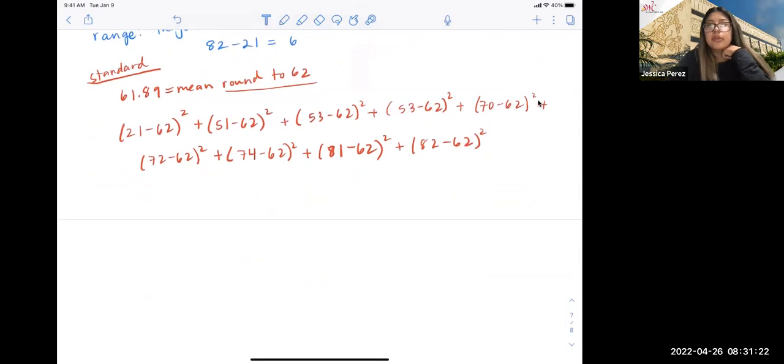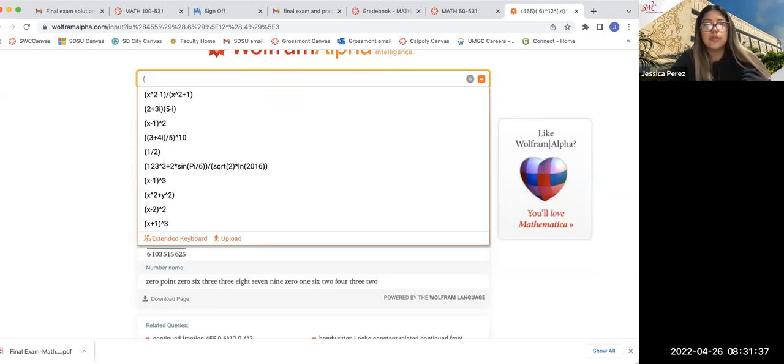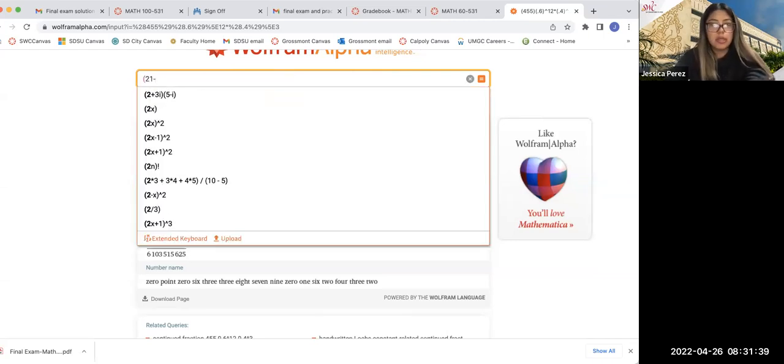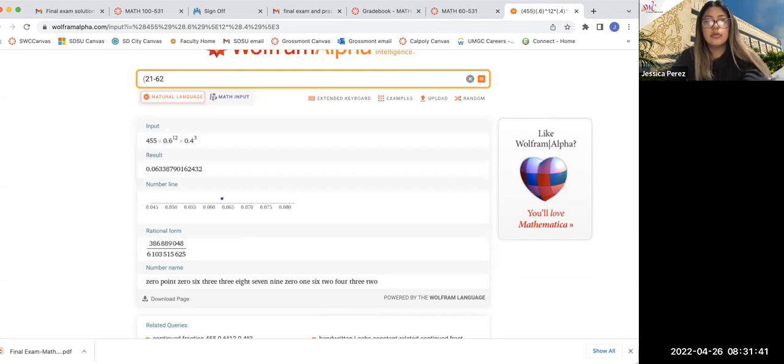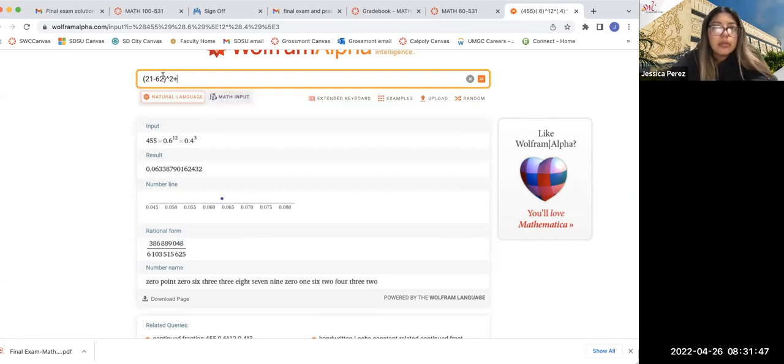I'm going to use a site that I call Wolfram Alpha. So I'm going to show you how to do that. But I do want to see your work. So I'm going to start the share and I'm going to use this site. I'm typing in each value minus 62 and then plus. So all I'm going to do is copy some of them.